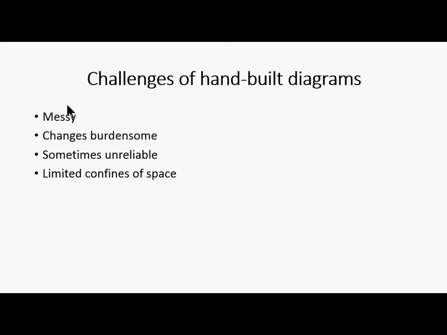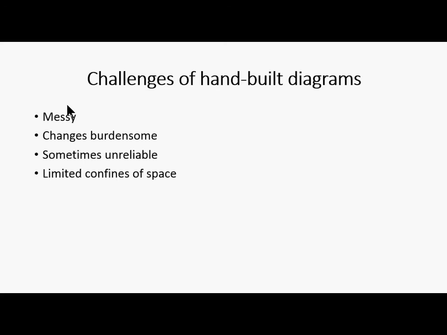And even if you have flipped sticky notes, you have to move a bunch of sticky notes over, and it can be messy. In Australia, we use sticky tack and strings for some related diagrams for agent-based and hybrid methods models, and the strings get tangled, and it's messy. Changes are burdensome, sometimes it's unreliable, and there's limited confines of space.